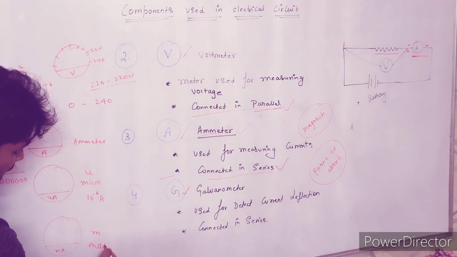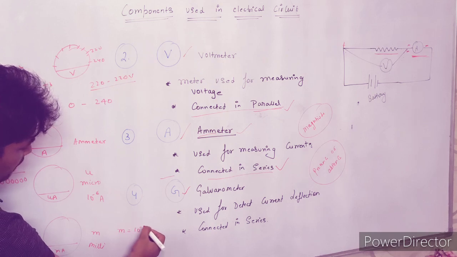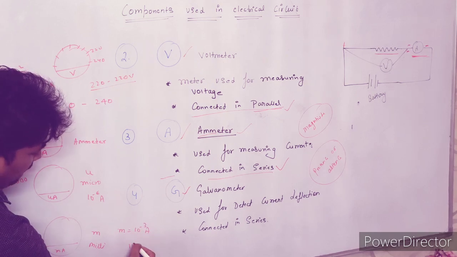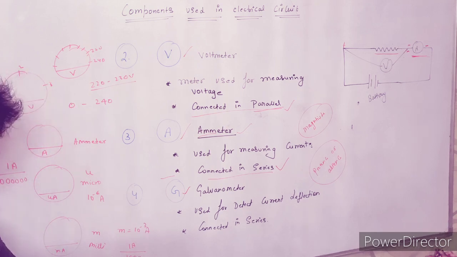Here the same, 1 milli is 10 to the power minus 3 ampere. When 1 ampere is divided by 1000, that is said to be 1 milli.